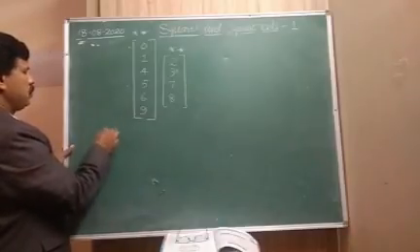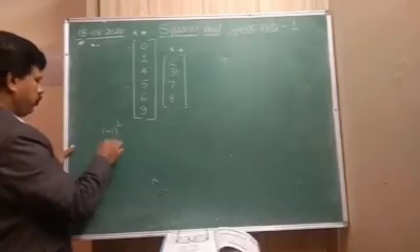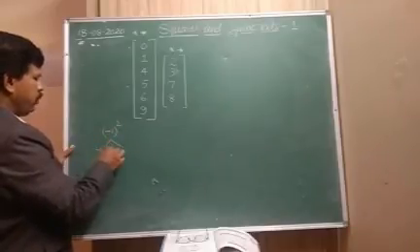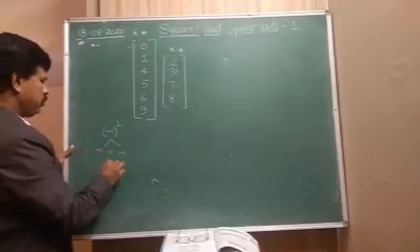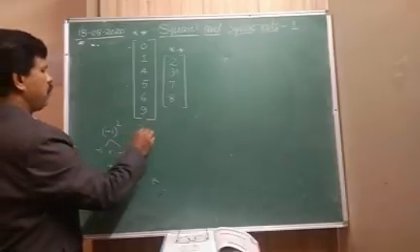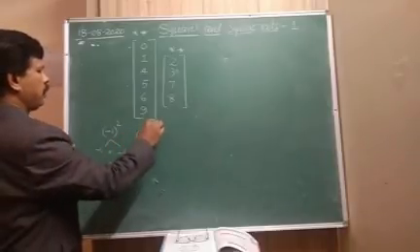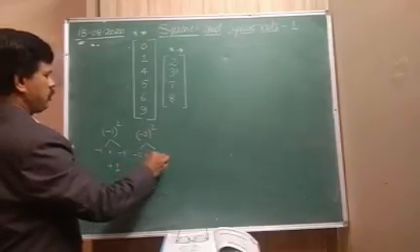Minus 1 squared. This is minus 1 into minus 1. And multiplying minus into minus, it becomes plus 1. Okay. So, minus 2 squared. That is minus 2 into minus 2.